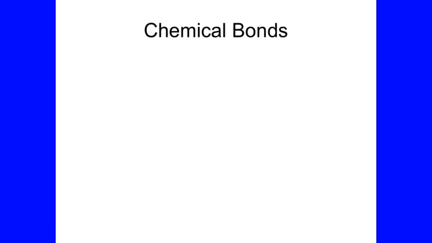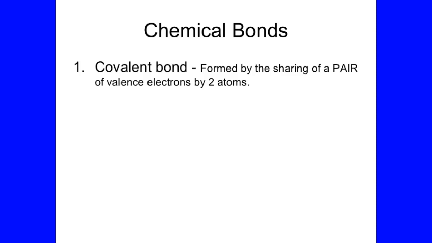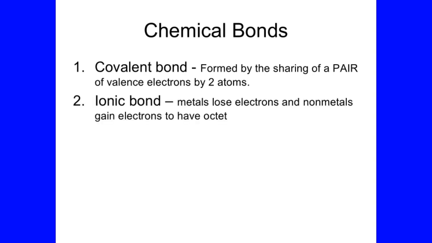So let's start talking about chemical bonds. There's a covalent bond, which is the strongest of all the bonds, and it is formed by the sharing of a pair of valence electrons by two atoms. An ionic bond is basically where metals lose electrons, and nonmetals gain electrons, to have a full octet valence shell.